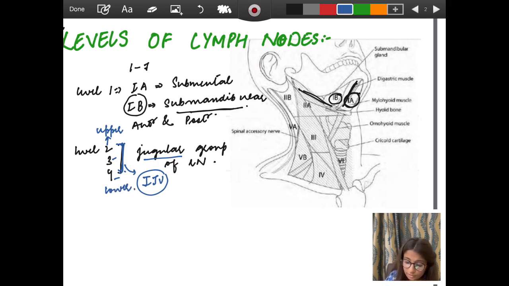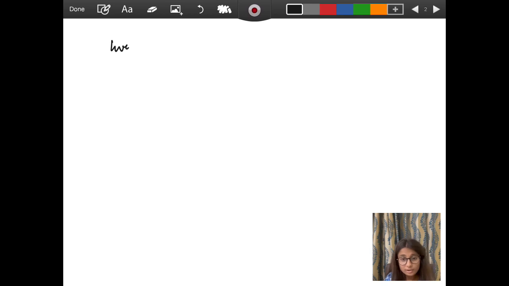Coming to level 2. Like 1A and 1B, level 2 is also subdivided into 2A and 2B.